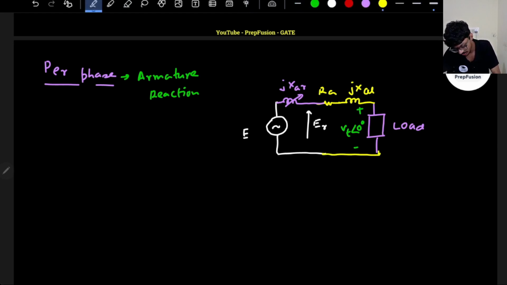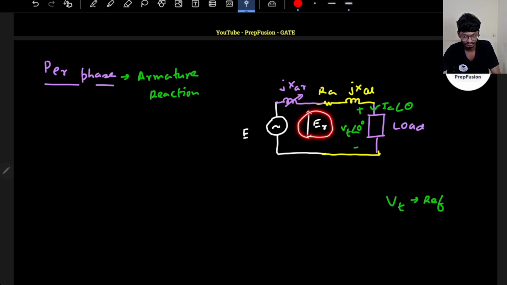So we make our terminal voltage the reference, because that is the easiest way with which I can derive everything. The load current is known as Ia, and it can have an angle of theta. As for the ER angle, I don't care about it; it is just internal to the machine. ER is known as the air gap voltage, or the voltage behind the leakage impedance.